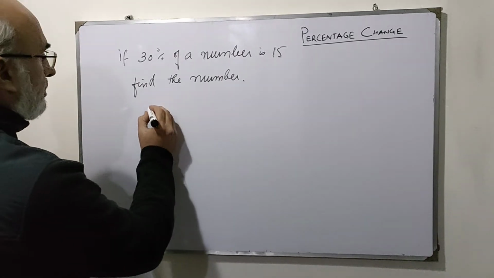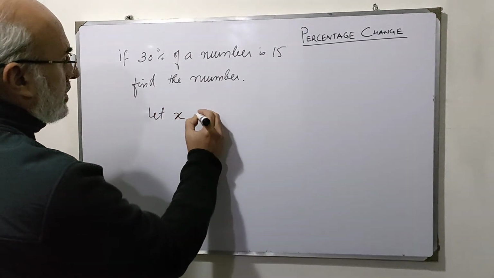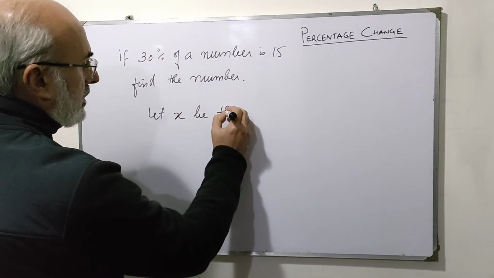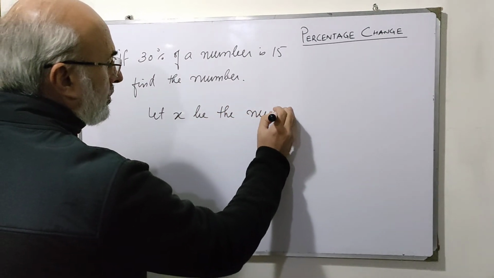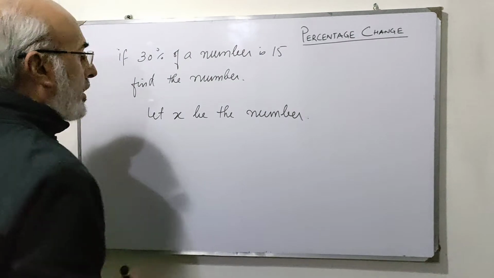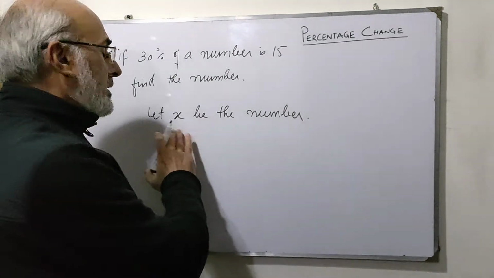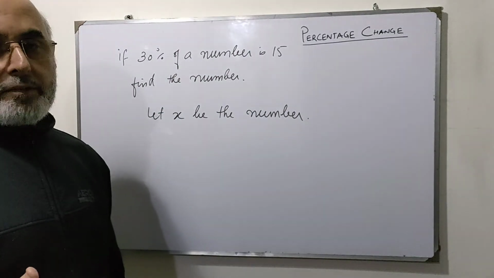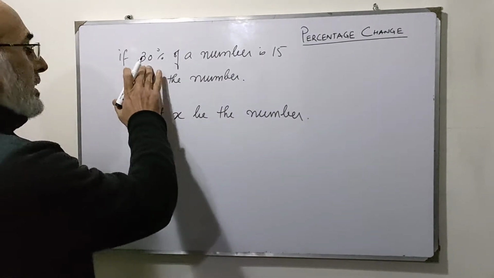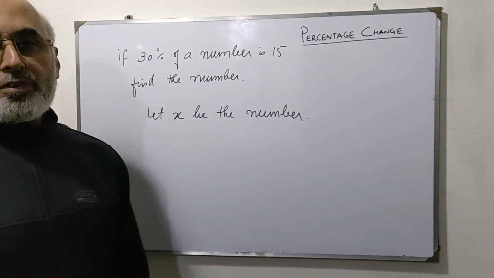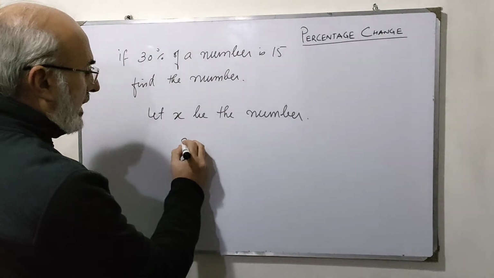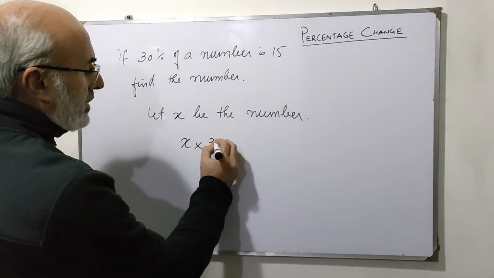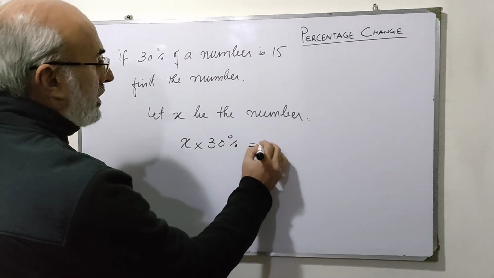So, let x be the number. Okay. Now, this variable x is our original number. Suppose that. And we know that 30% of this number is 15. So what are we going to do? x into 30% is equal to 15.